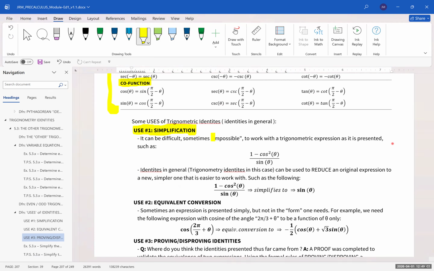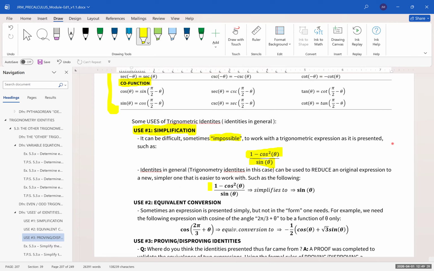It can be difficult and sometimes impossible to work with trigonometric expressions as they're presented. So for example, we've got 1 minus cosine squared theta all over sine theta. Identities in general can be used to reduce an original expression to a new simpler one that is easier to work with.